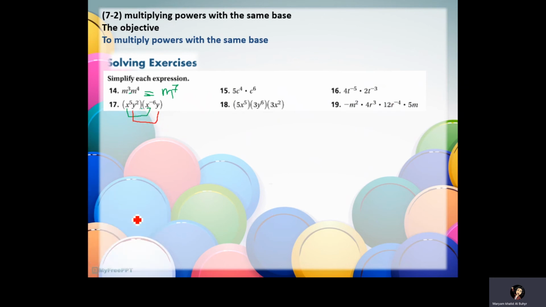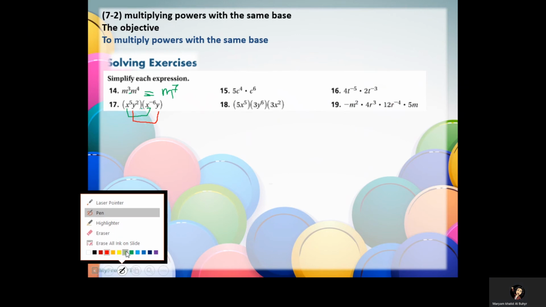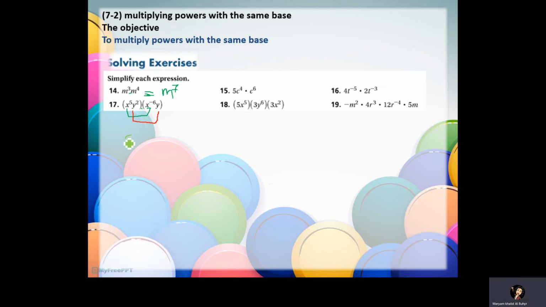Let's do that. So X with the X, which will be X to the power 5 minus 6, it's minus 1, isn't it? It's minus 1. X and X, we are going to add their powers. 5 minus 6, which equals minus 1.